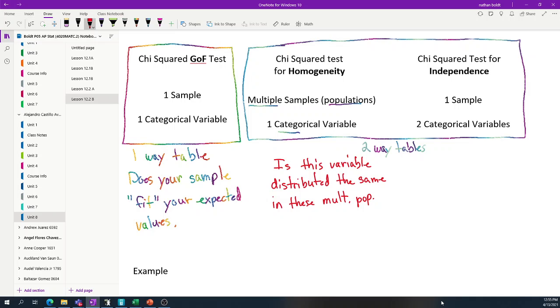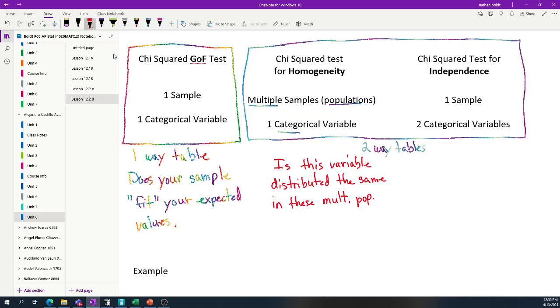So sometimes you're helped out with geography. You're comparing the US to Australia, or the US to Russia, or something like that. And you can tell, I got a population over here, I got a population over here. Are they the same? It's not always that cut and dry, but in one way, shape, or form, you've got multiple populations.